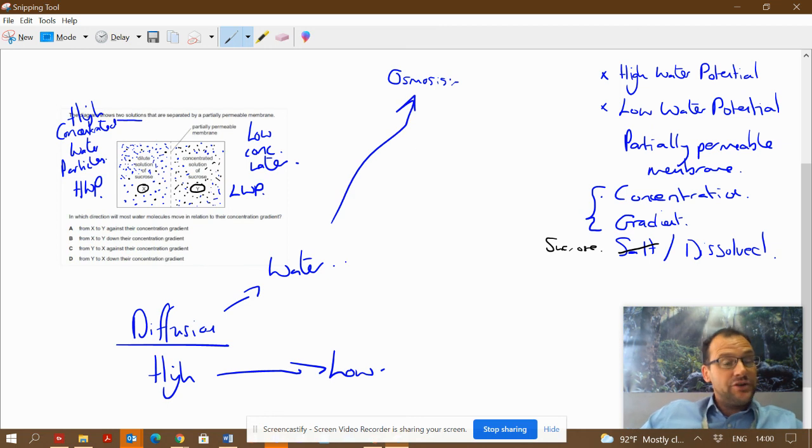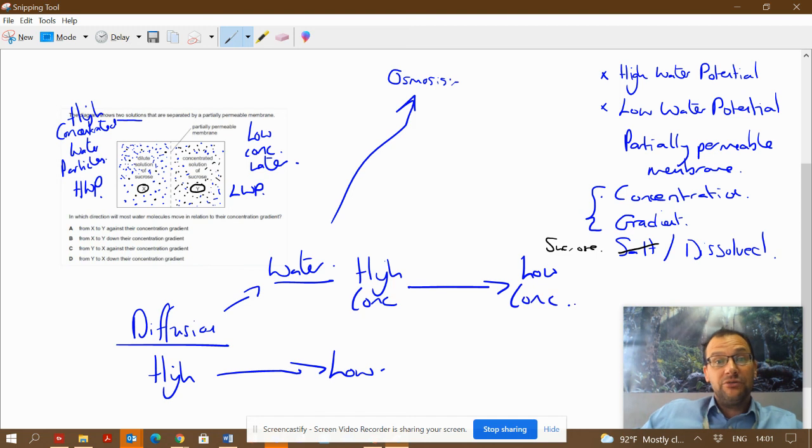But we have a diffusion also down the concentration gradient of water particles. So wherever we have a high concentration of water to a low concentration of water, that's the way the water is going to move through this membrane. This membrane's, remember, only permeable to water, not the sucrose. So we get a flow of water down here, this way.